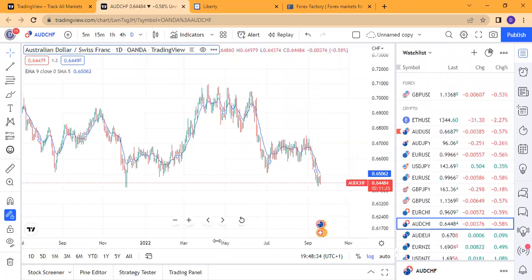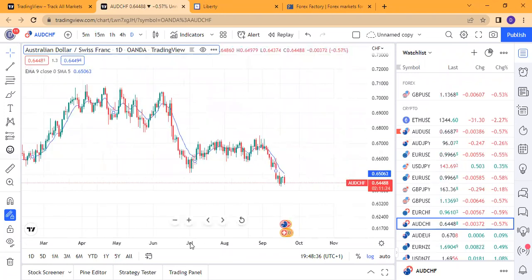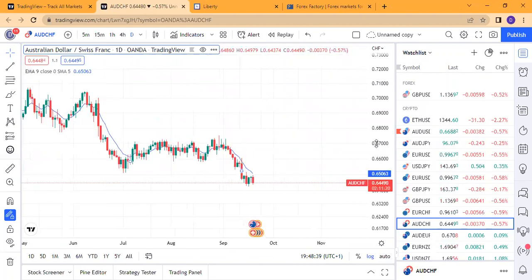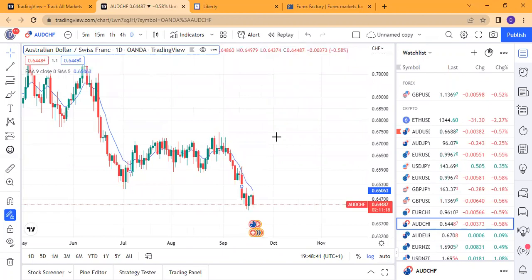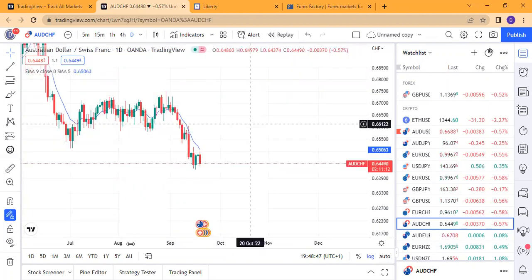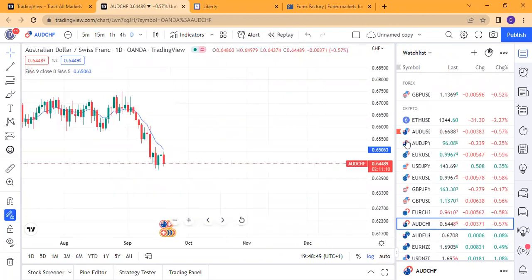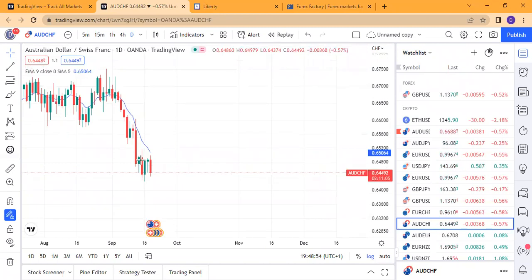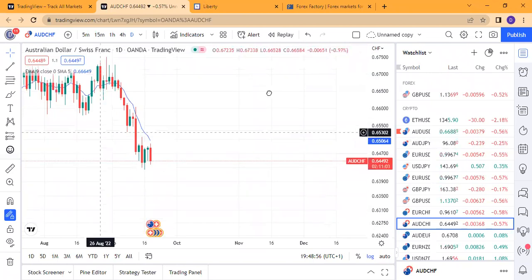Okay. Now, how do you chart the market? First, you go on your daily time frame, on tradingview.com. You can also do this on Liberty, but the thing with Liberty is once you refresh, your markup is gone.